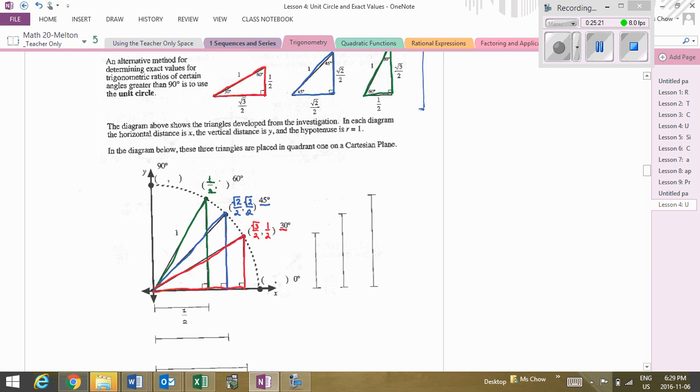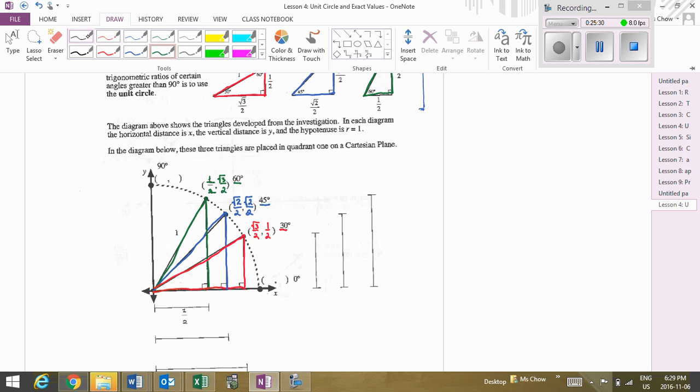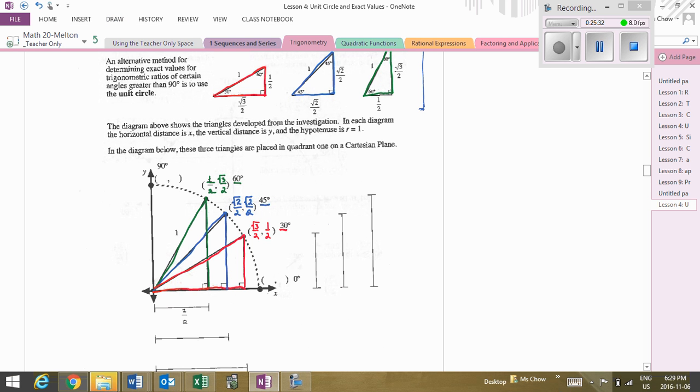And the height, or the y value, is root 3 over 2. And so that's for 60 degrees. We can also add in that at 0 degrees or 360 degrees, the point is (1, 0). And at 90 degrees, x is 0 and y is 1.